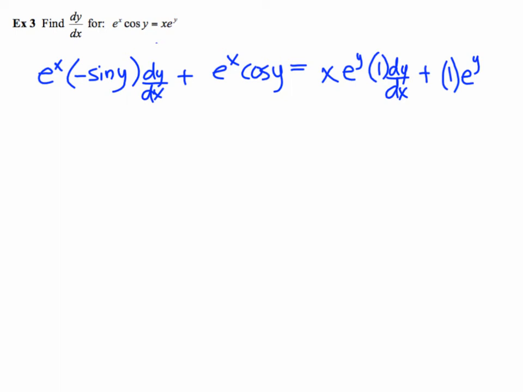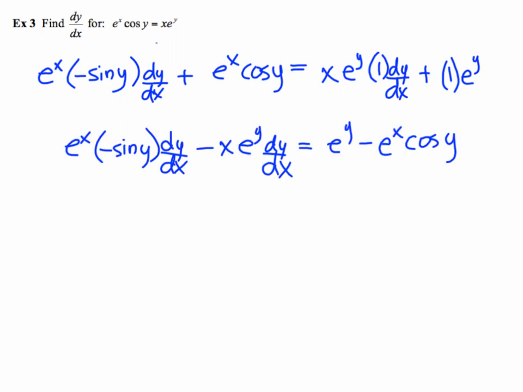So since I'm solving for dy dx, I'll have to have my dy dx terms together, and I'm going to have those on the left hand side, and I'll bring the e to the x cosine y over to the right hand side of the equation. And remember, when you're shifting from left side to right side, you need to change the sign. And I've done that here. When you cross over the equal sign, change the sign.